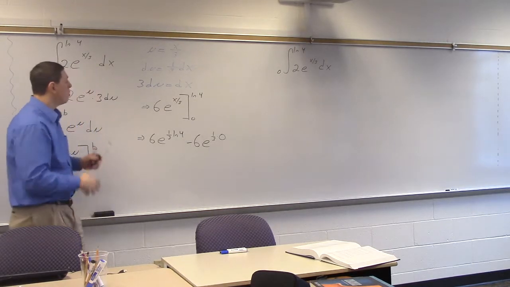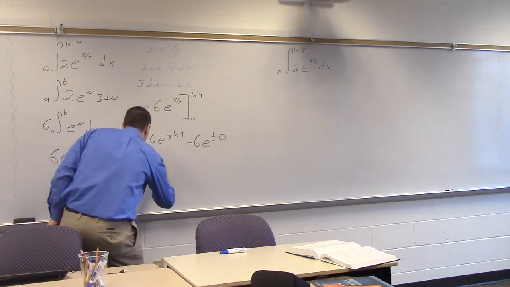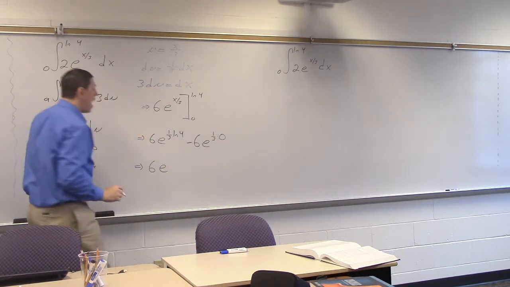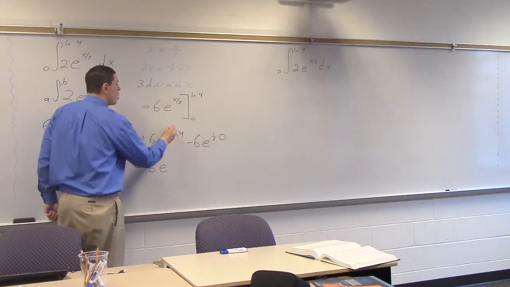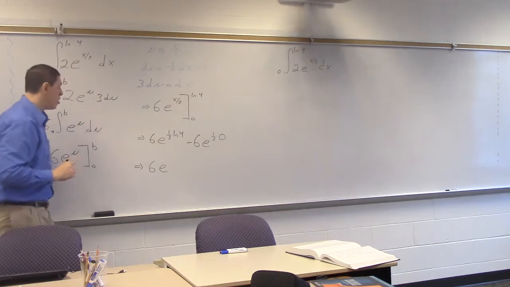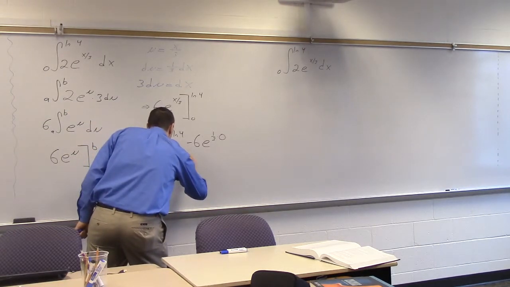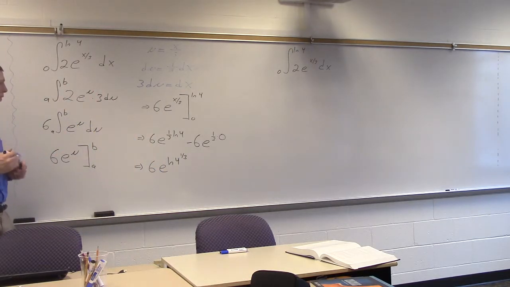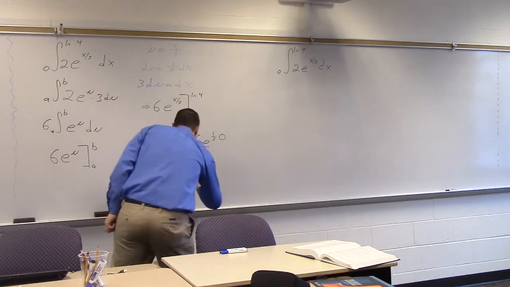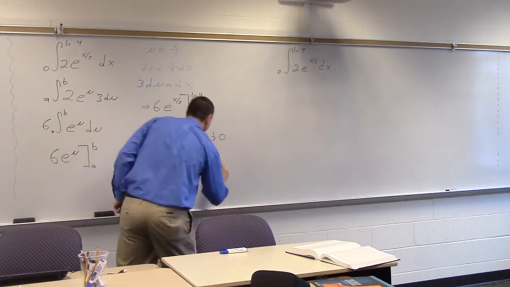So let's go ahead and rewrite this now as 6e, and if you recall, if you have a coefficient in front of a logarithm, you can make it into the exponent. So this now becomes 6e to the natural log of 4 to the 1/3 power, minus 6e, 1/3 times 0 is 0.